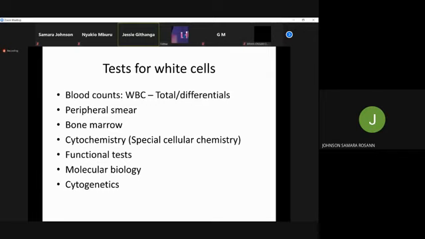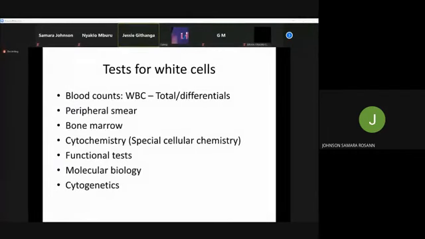Those are the tests that we perform for white cell abnormalities.